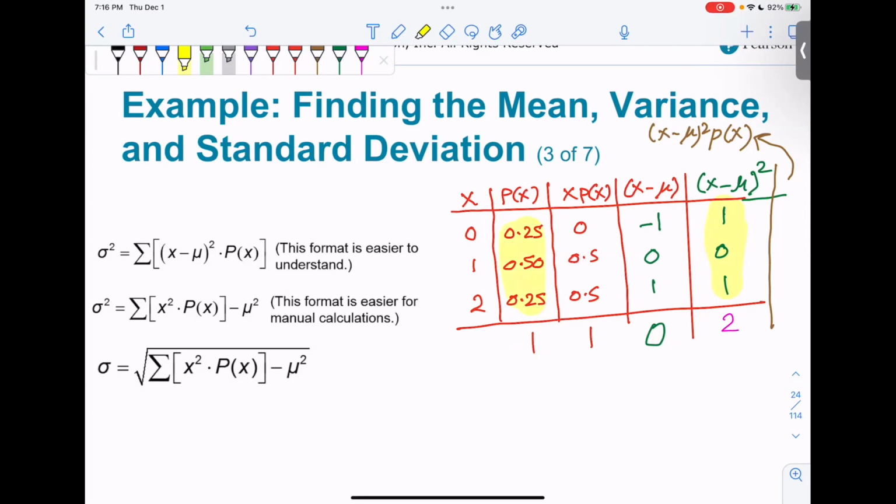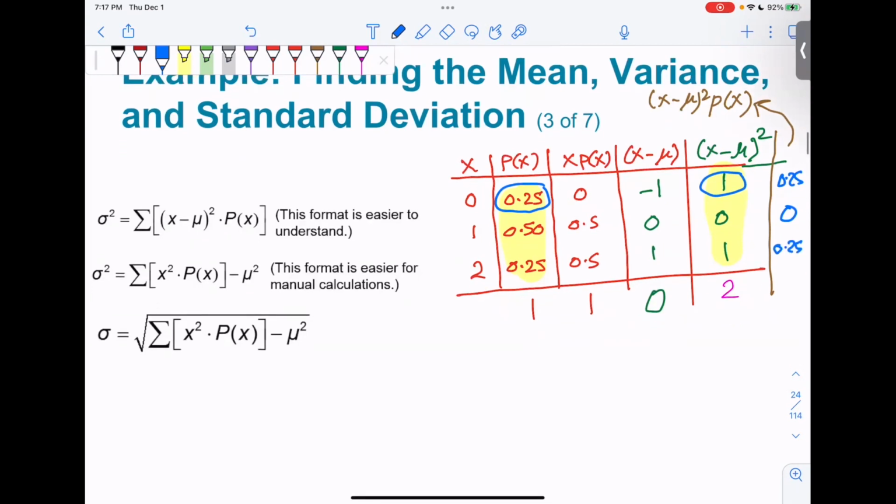The first value will be this value times this value. It will be what? 0.25, right? And then the second one will be 0. And then the third one will be 0.25. Okay?